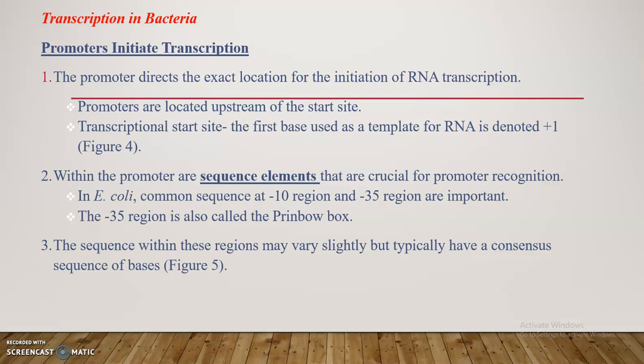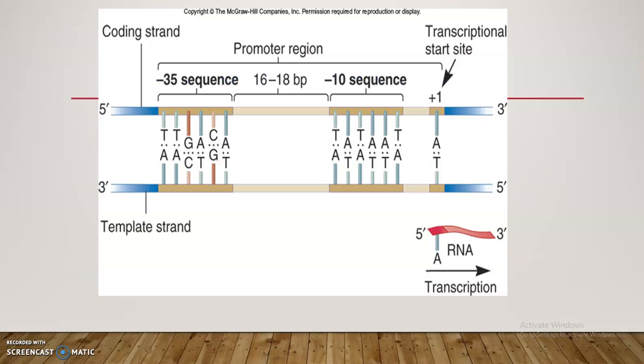These are examples of sequence elements, which in E. coli are the common sequences in the minus 10 region and the minus 35 region, and they are very important. The sequence within these regions may vary slightly, but typically they have a consensus sequence of bases. Even though they may vary a bit, it's always the same sequence which comes in the sequence elements.